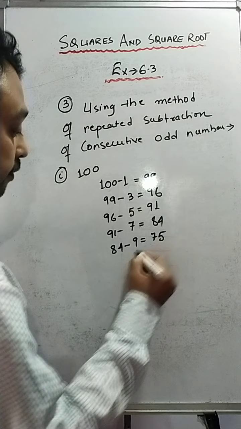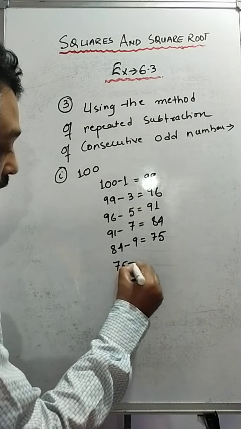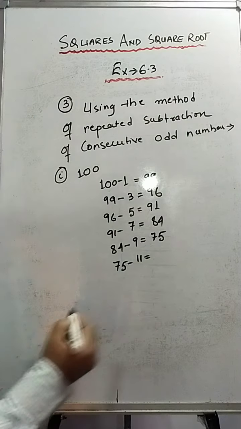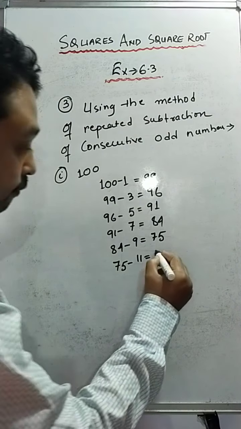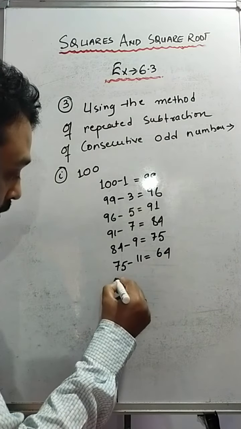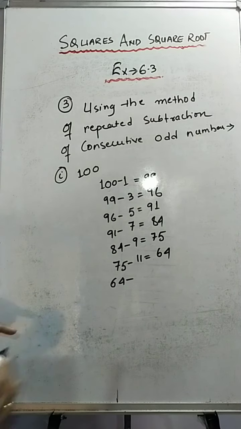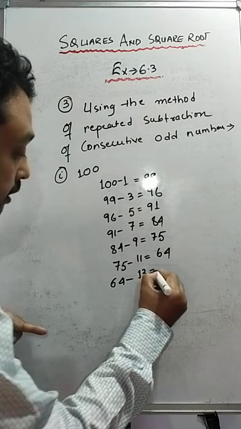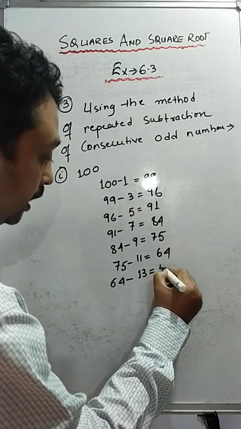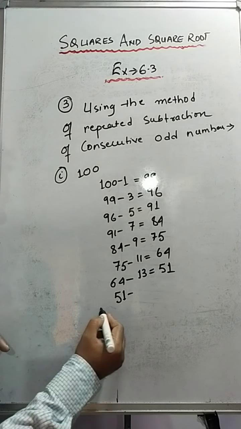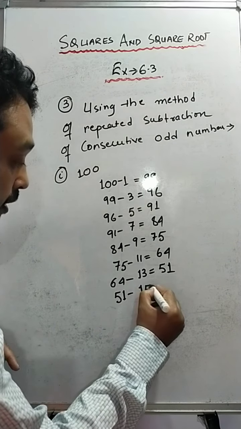75 minus the next odd number, 11, would be 64. Fine. Now 64 minus the next odd number, 13, is 51. 51 minus the next odd number, 15.